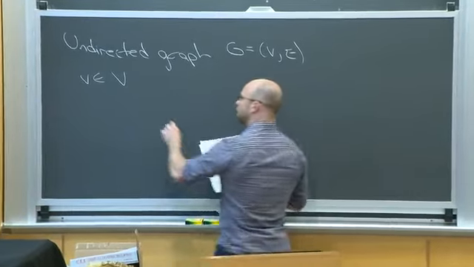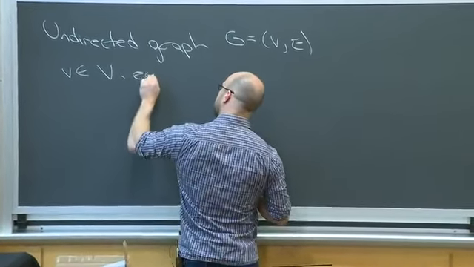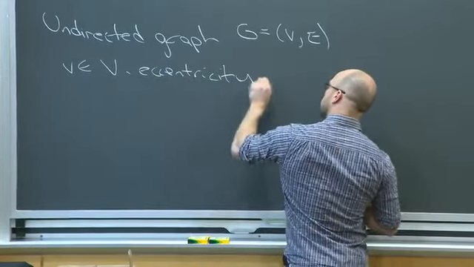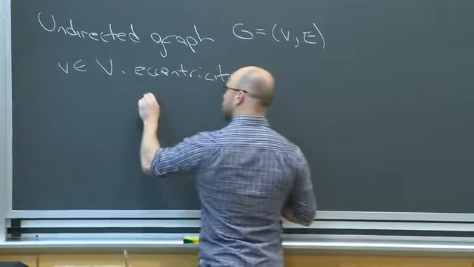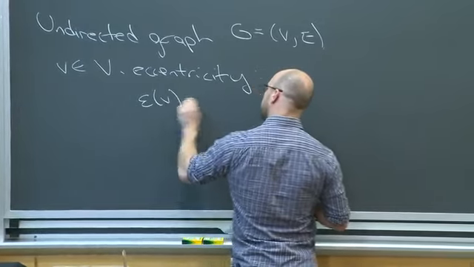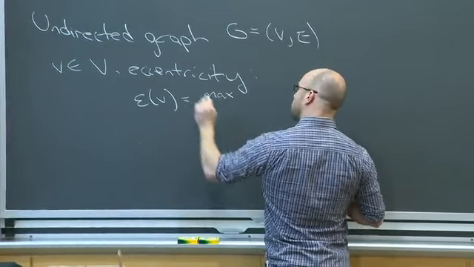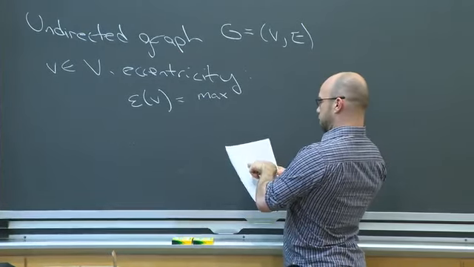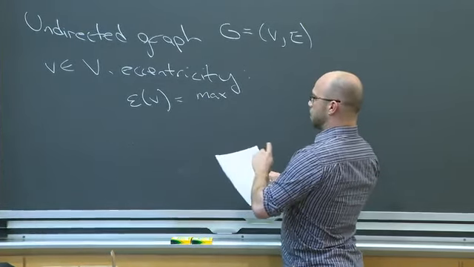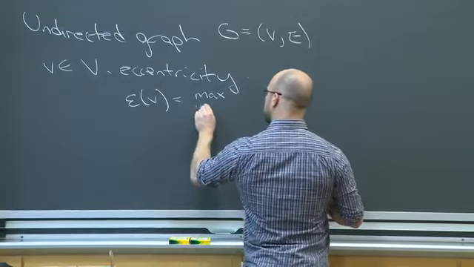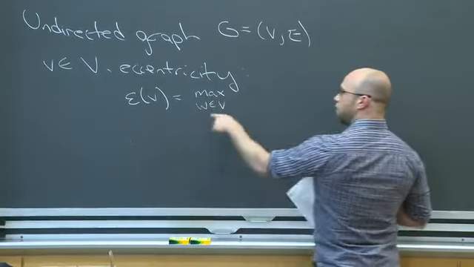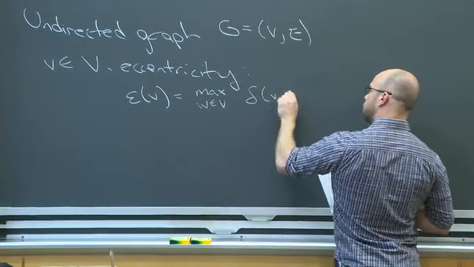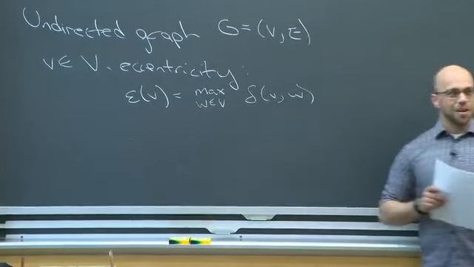It is given by the max over all the other vertices W of the distance from V to W.